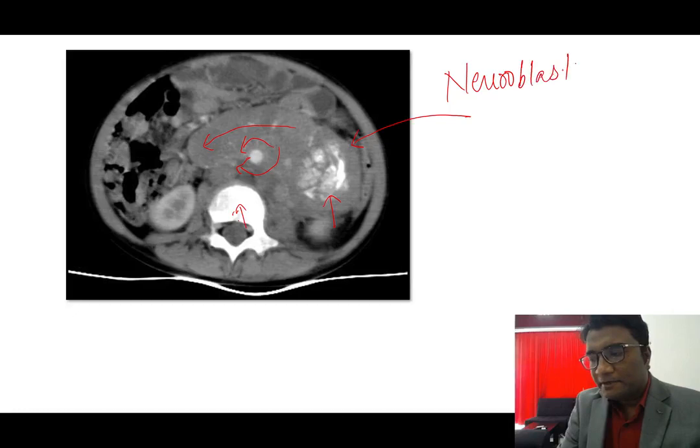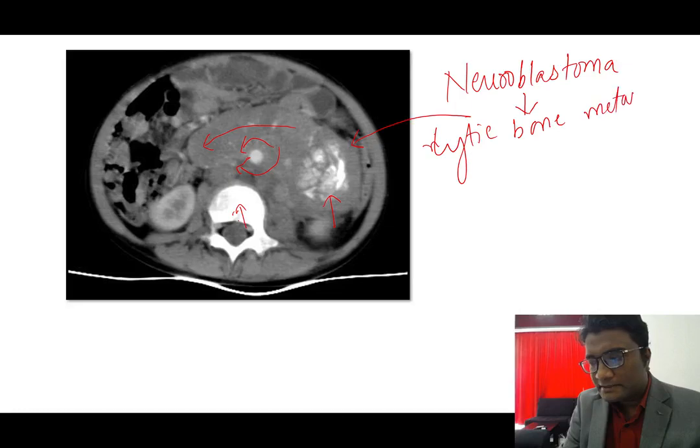And please remember, neuroblastoma usually shows metastasis to the bones. It shows multiple lytic bone metastasis, so it spreads to the bones.